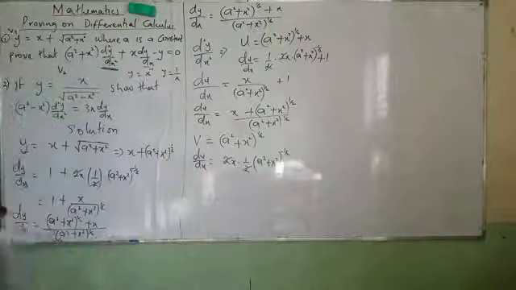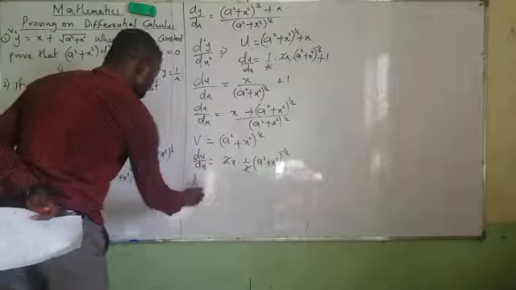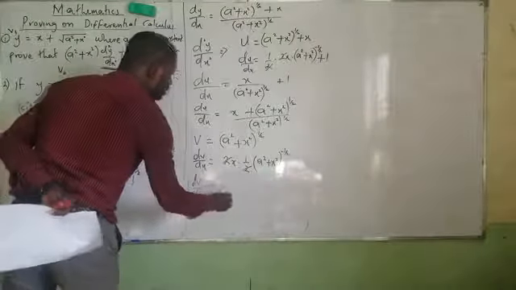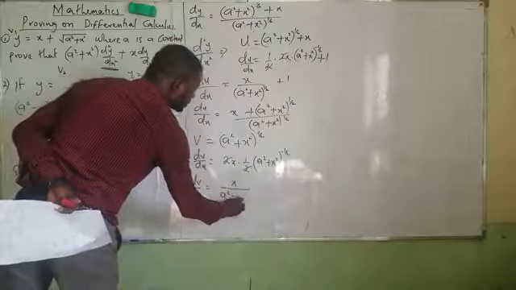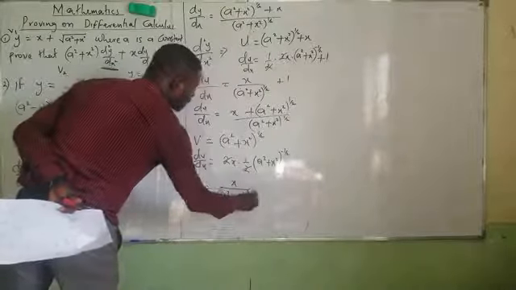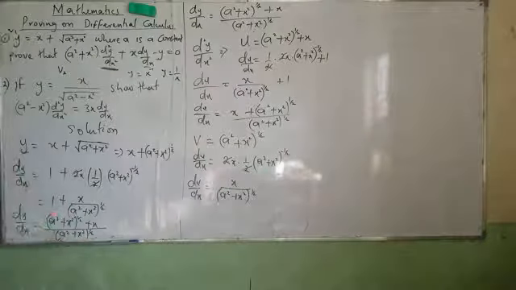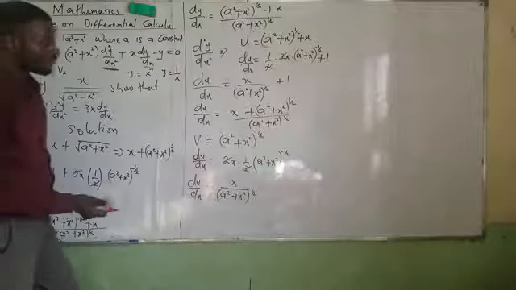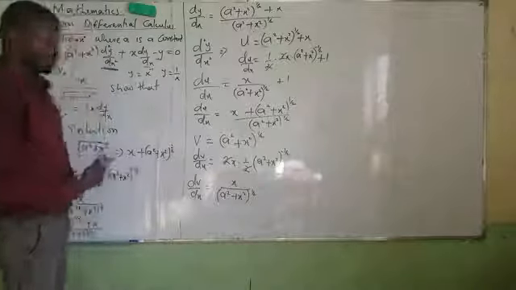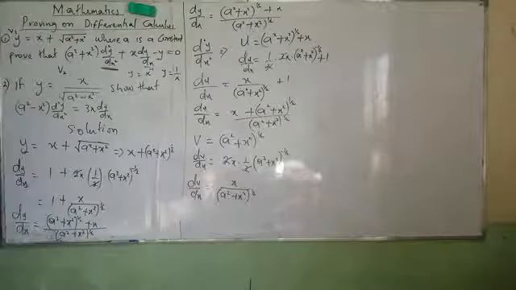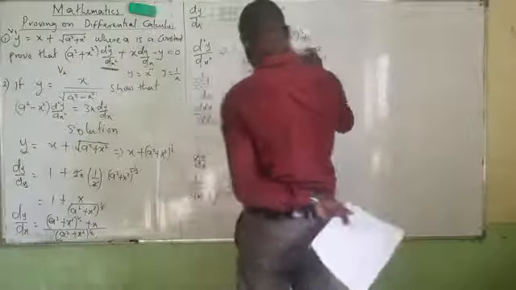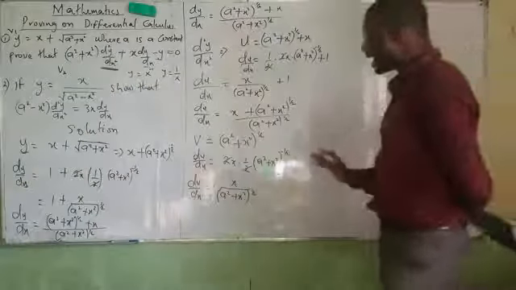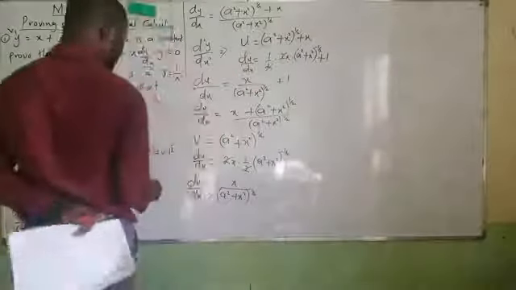Now it's also minus, which gives dv/dx equal to x divided by (a squared plus x squared) to the power of 1 over 2. Now for me to have this, can you see I'm applying a lot of things. Indices is coming into play, and the laws of indices, because you have to understand those things very well.